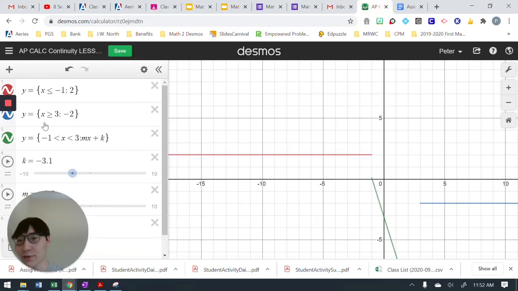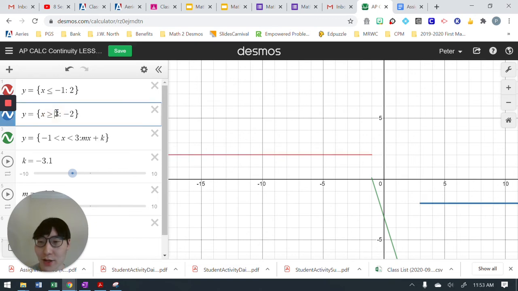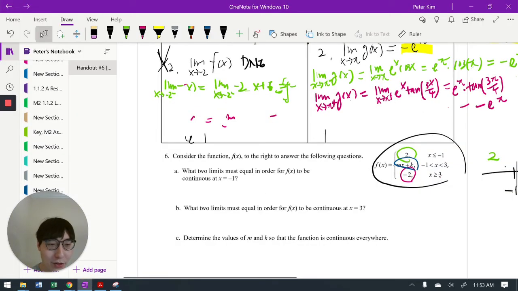We're saying when x is less than -1, the function is y equals 2, right? It is always equal to 2 regardless of the x value. And when x is greater than or equal to 3, we see that it's always equal to -2. That's what we have for our function here.